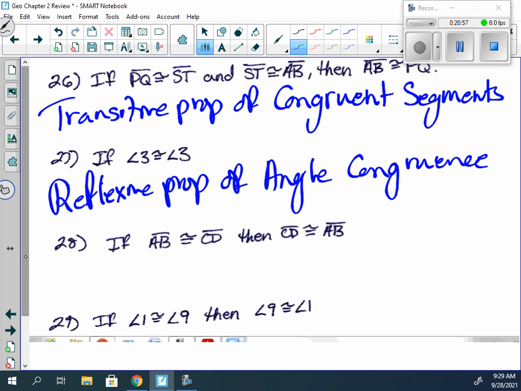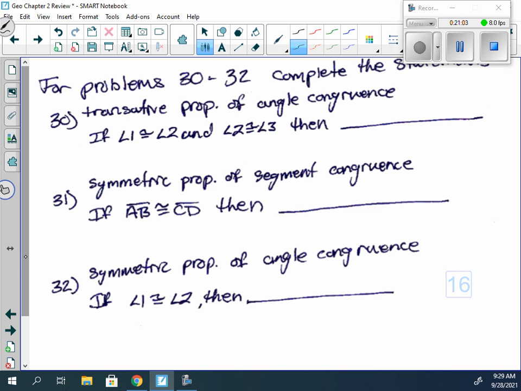Questions on 28 or 29? We're good with these here. Questions about 30 through 32? Well, this here would be that angle 1 is congruent to angle 3. Now, because we're talking about congruency, I need the congruency symbol.